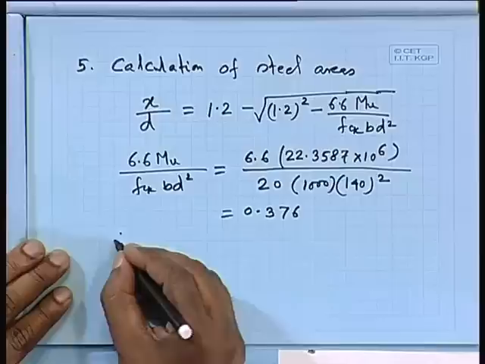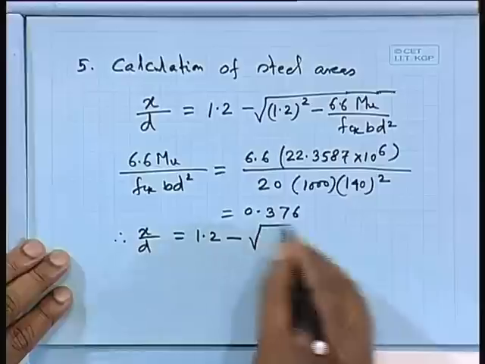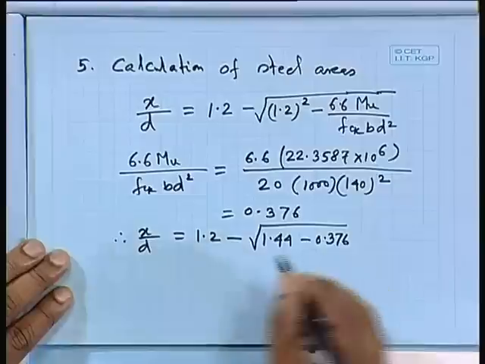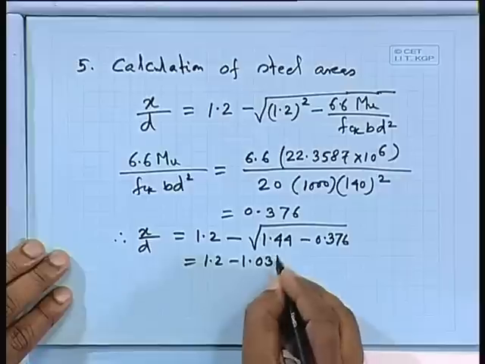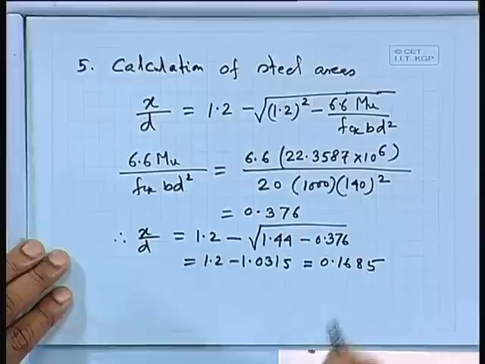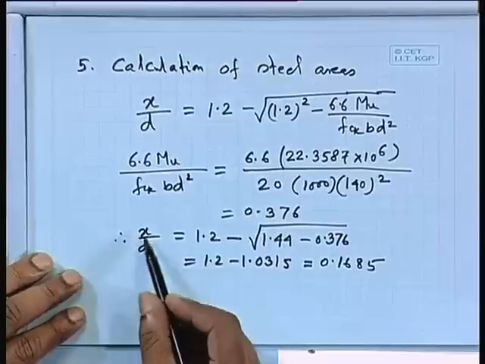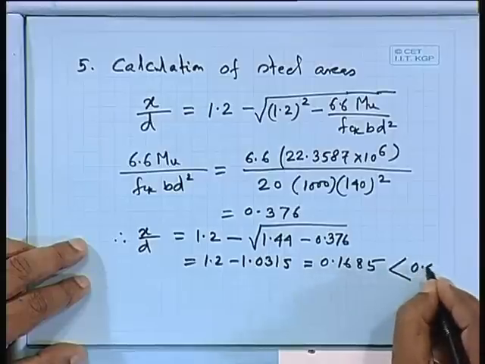Therefore, x by d equal to 1.2 minus root over 1.44 minus 0.376 equals 1.2 minus 1.0315 equals 0.1685. So, what about your z? xu by d is less than 0.48. Let us write down, this is less than 0.48.